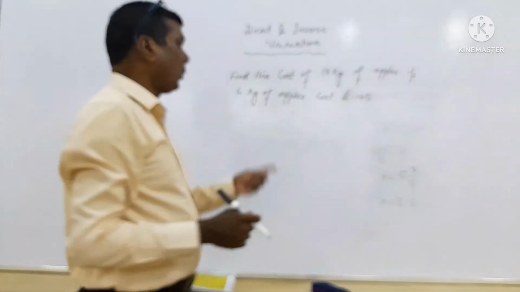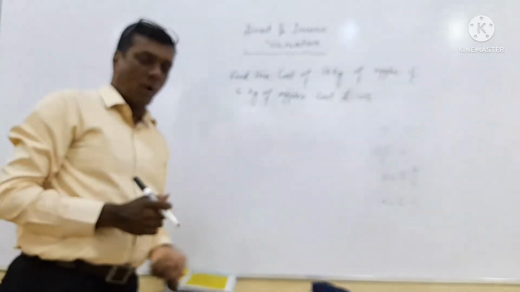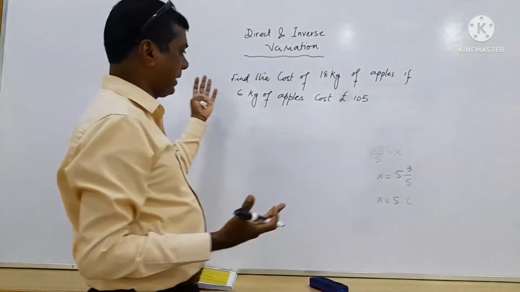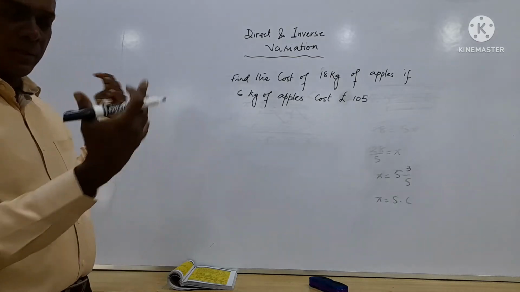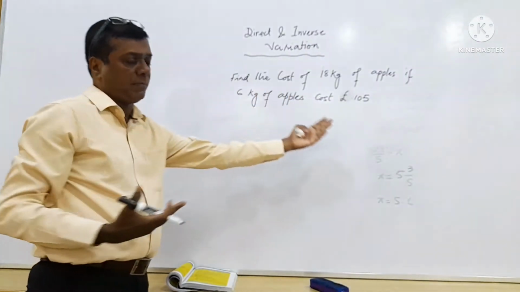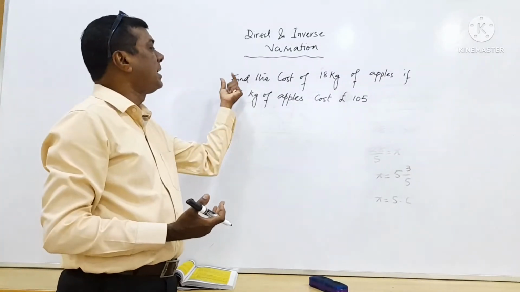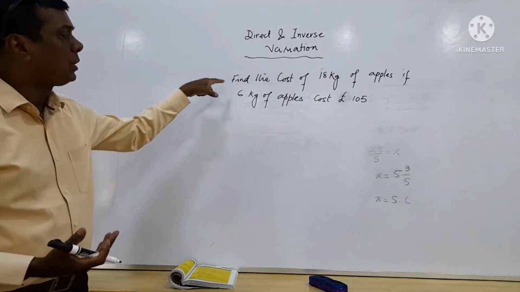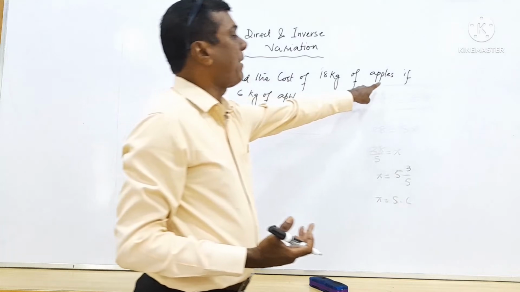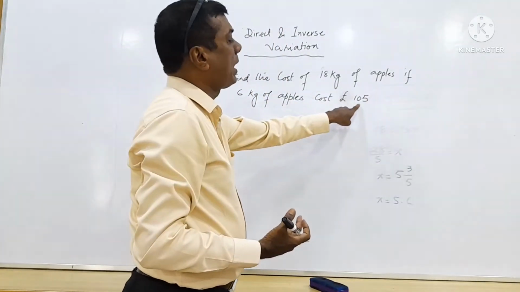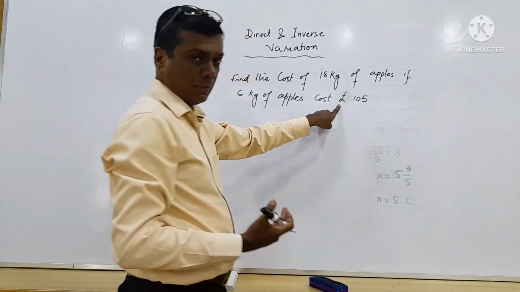Okay, so now we have one word problem. So we want to cover this as well. We have covered the continued ratio, then we have found the x value, and now we are moving towards finding the cost of 18 kg of apples if 6 kg of apples cost 105 pounds.